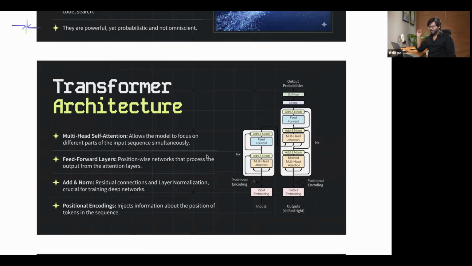Let's take a simpler example here. When I say the cat sat on the mat, I have the word cat. I want to see, in terms of attention, how much should I give to mat? Because cat is on the mat, mat has a bigger attention span. But at the same time, does the have that bigger attention?